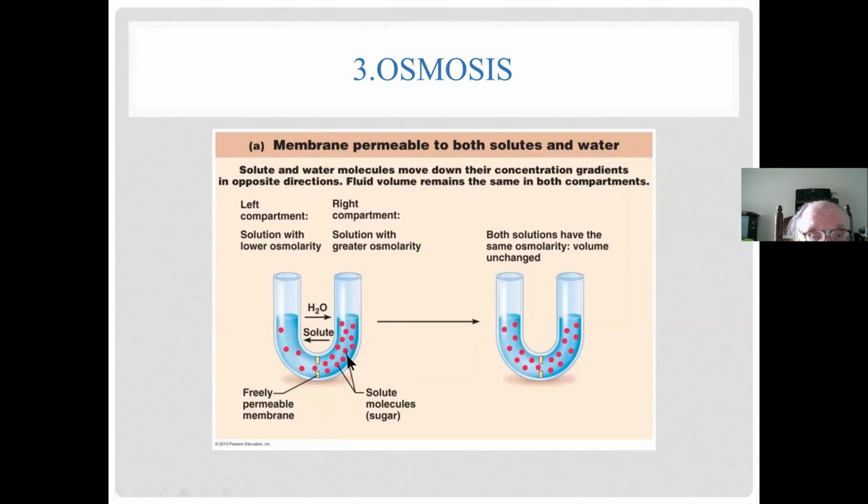So we've got this half of the tube. Now, the solute particles can't go through the membrane, but water can. I take that back, the solute particles can move too. What's going to happen is, because it's freely permeable, the water is going to move here to dilute the number of particles, and the particles are going to move here to increase the number of particles on this side.